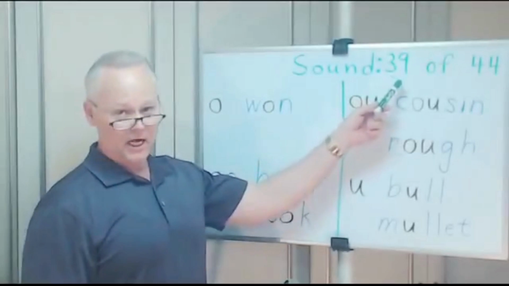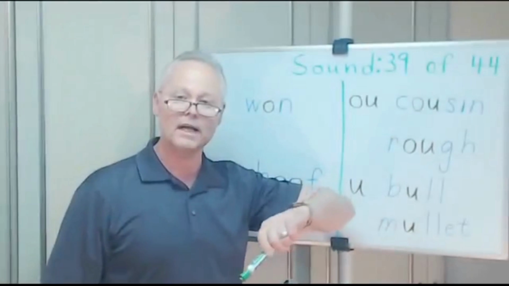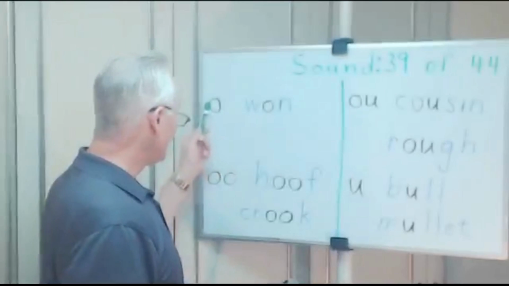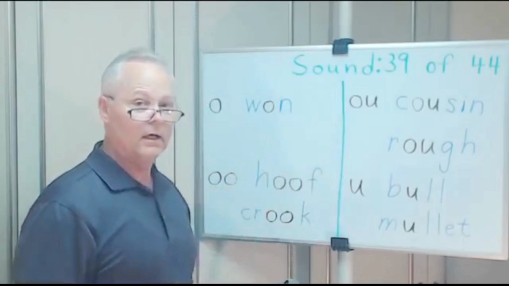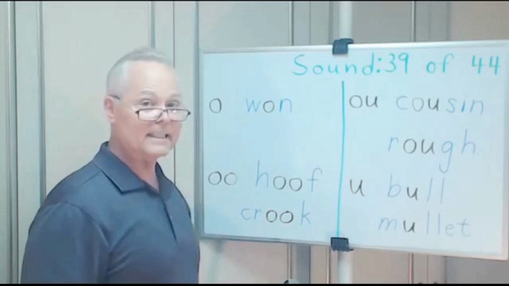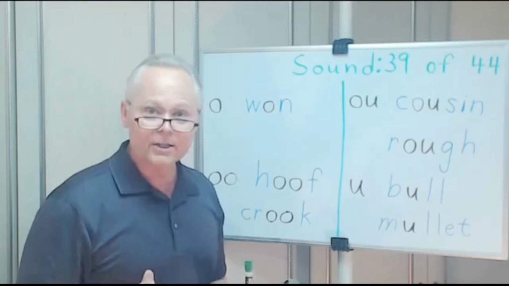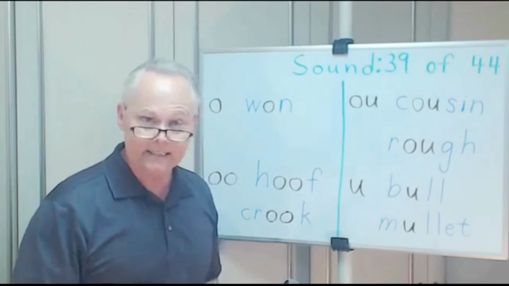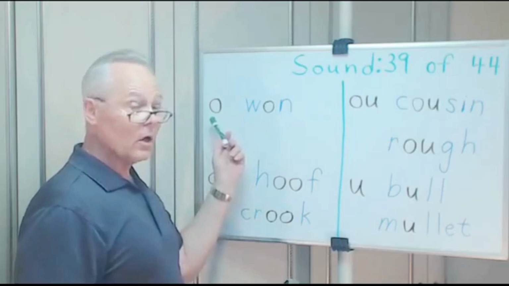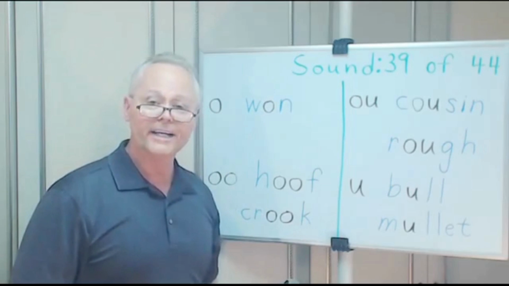Hello. Sound 39 of the 44 sounds that comprise American English. We have 1, 2, 3, 4 letter and letter combinations for one sound. What is the sound? What could the sound be? How about such as O in the word one?